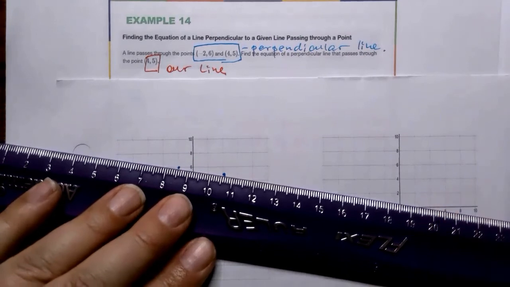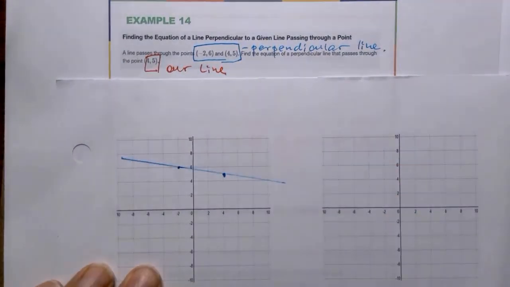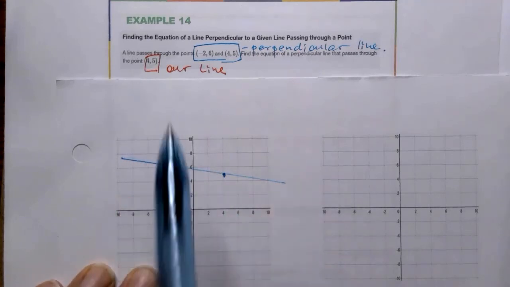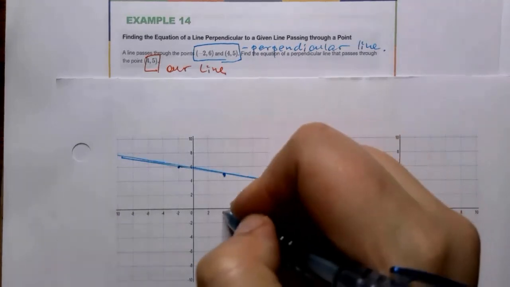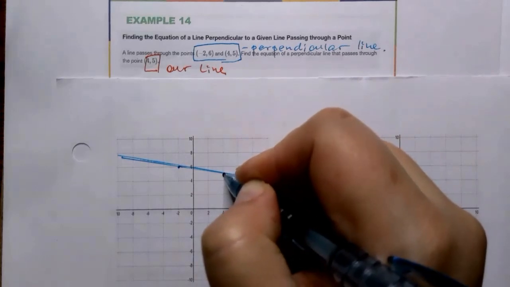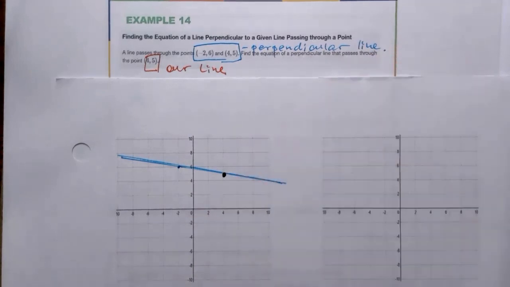Right? And then they give you another point and say, we're interested in the line that will be perpendicular to this one and goes through the point 4, 5. And 4, 5 is right here. Now, in this instance, it's on the line. So they're looking for the line that goes perpendicular.